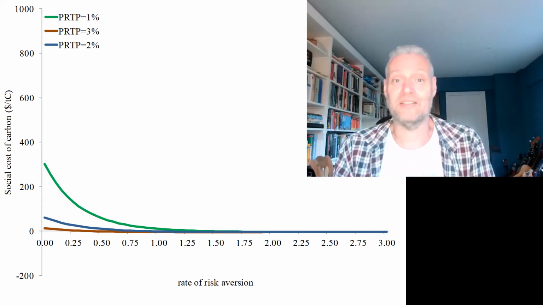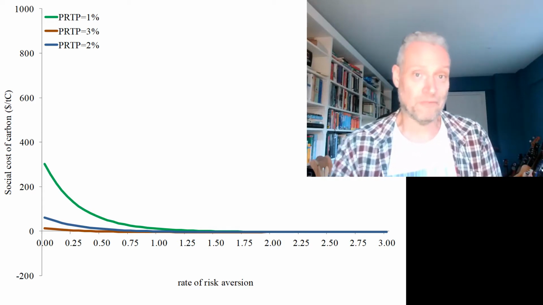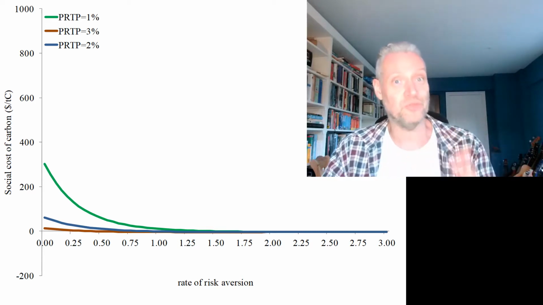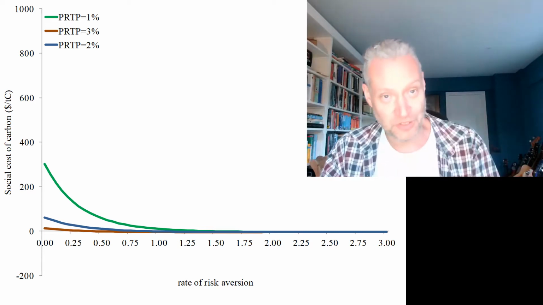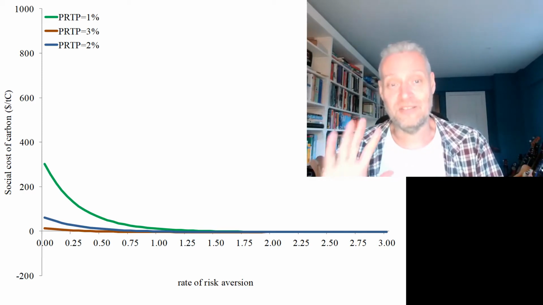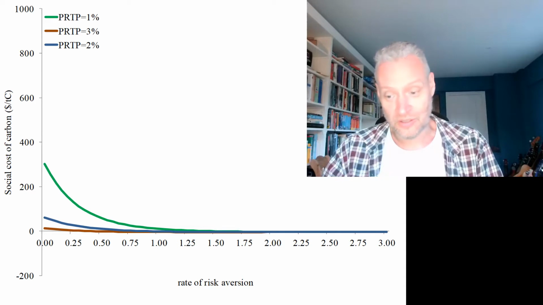Essentially, the greater eta, the more emphasis we place on our current poor self relative to our richer future self. This is without concerns for equity, without concerns for uncertainty.